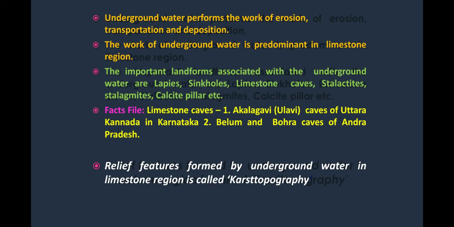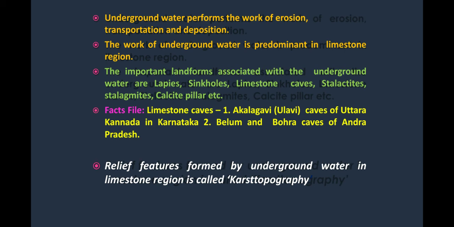The important landforms associated with underground water are lapies, sinkholes, limestone caves, stalactites, stalagmites, pillars, etc. Some facts: limestone caves are found in Akkalgavi, Ulavi, the caves of Uttara Kannada in Karnataka, and Belum and Borra caves of Andhra Pradesh. Here you can find this. The relief features formed by underground water in limestone regions are called karst topography.